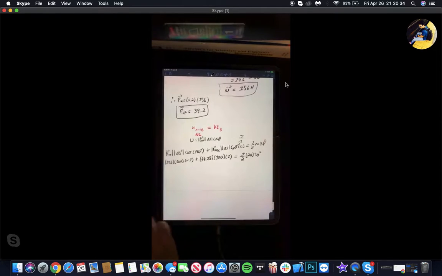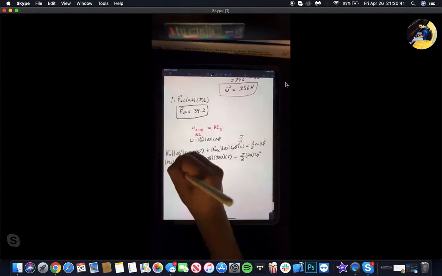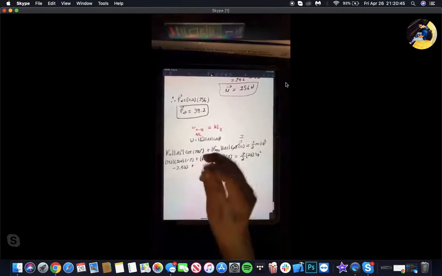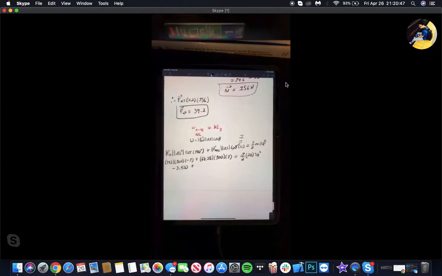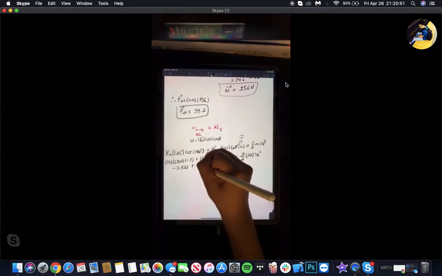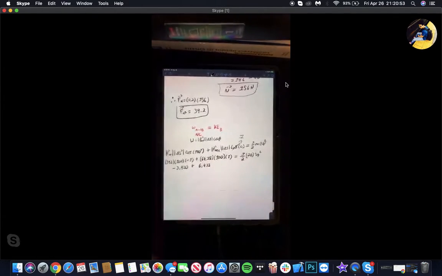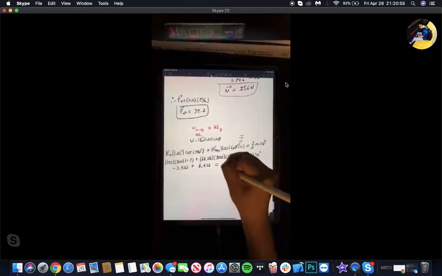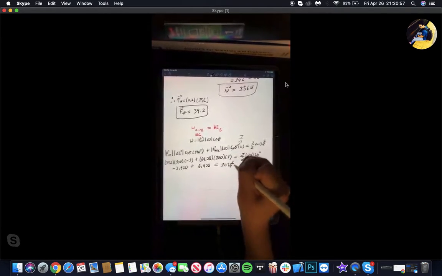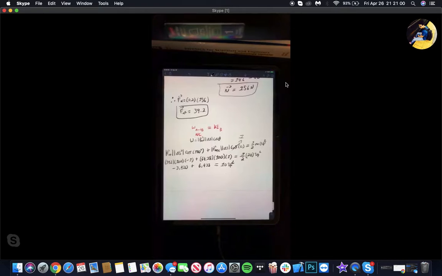So now if I plug all of this into the calculator, 39.2 times 100, that's a minus 3,920, plus 69.28 times 100 is 6,928, equal to 10 V final squared. And then we take the difference between that.